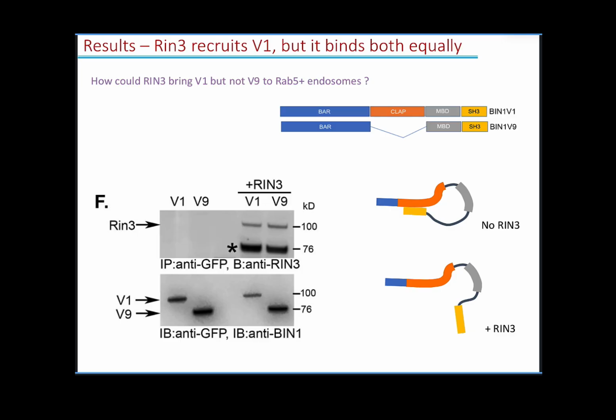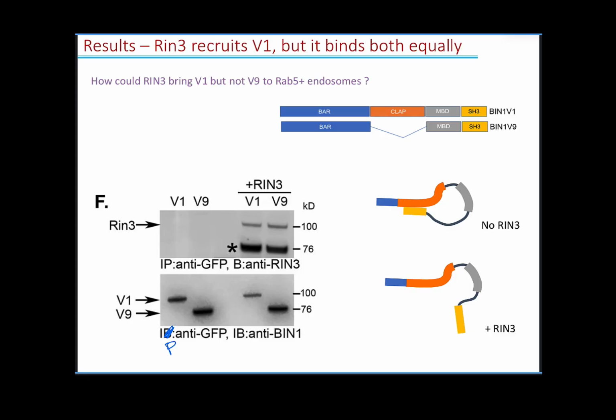Let's walk through this because this is a very typical presentation of co-IP data. In the bottom plot, what they're showing us, and I believe this may have been a bit of a typo, so they probably meant IP anti-GFP, blot anti-BIN1. So they're bringing GFP down, and then probing for BIN1.